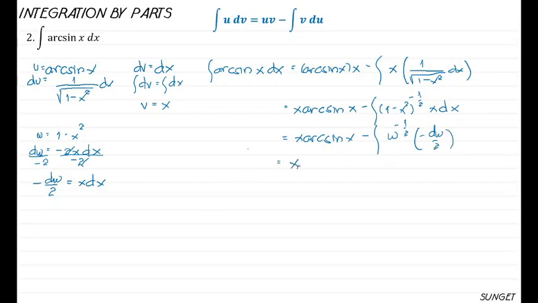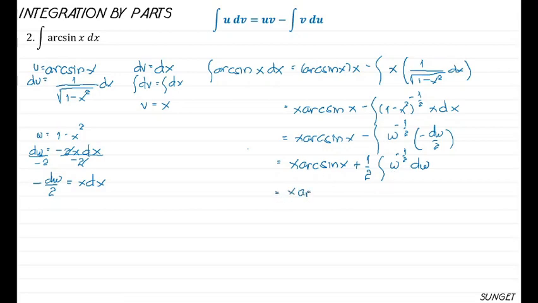Then x arcsin x. So using constant multiple rule, we have plus 1 half times integral of w raised to negative 1 half dw. Then integrate.